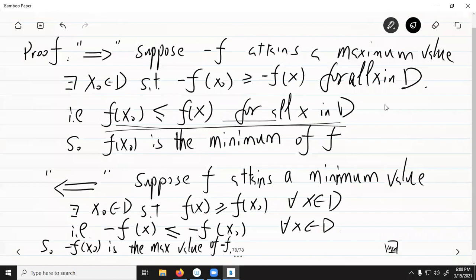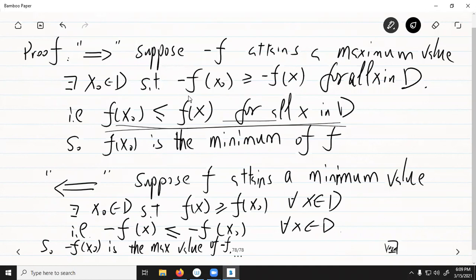The maximum value means this one. The only technique is that I just multiply -1 on both sides, because our aim is negative f here. In the first part, our aim is negative f, so we multiply -1 on both sides. This is a very natural thinking, right? So we multiply -1 on both sides, and you have, when you look at it, x0 is the minimum value.